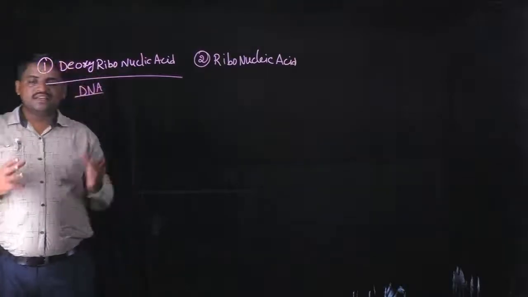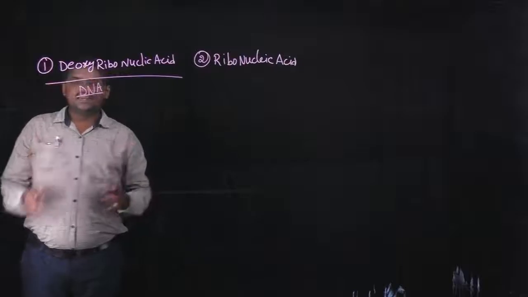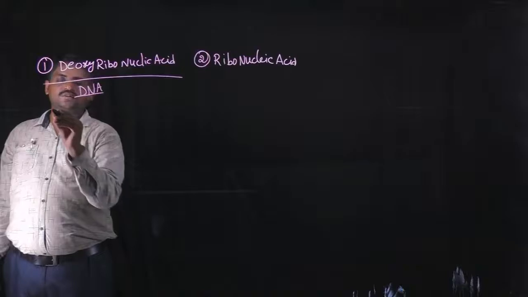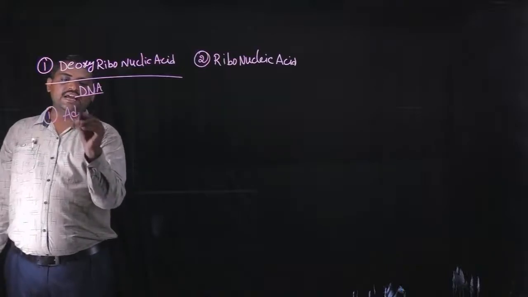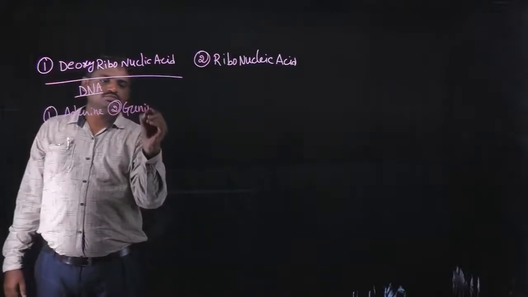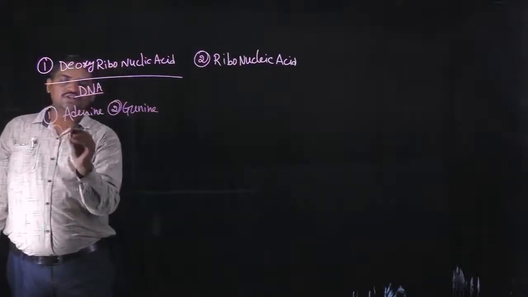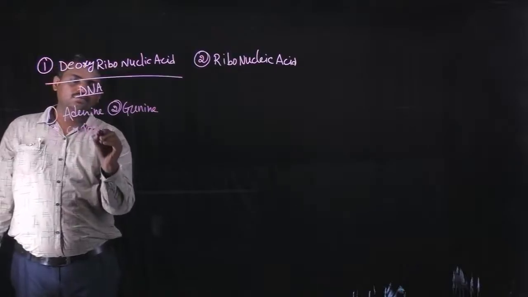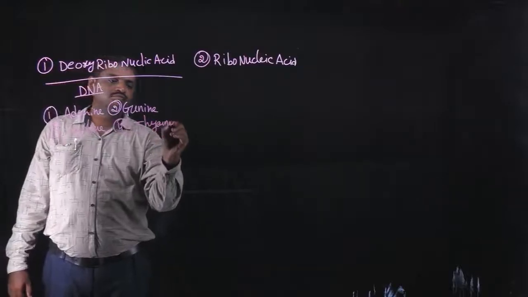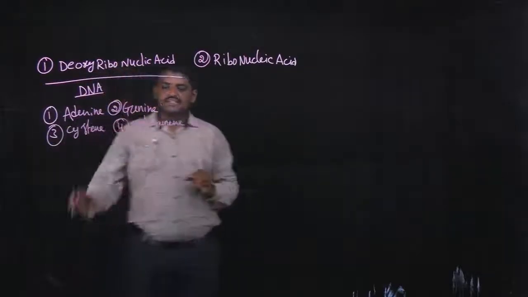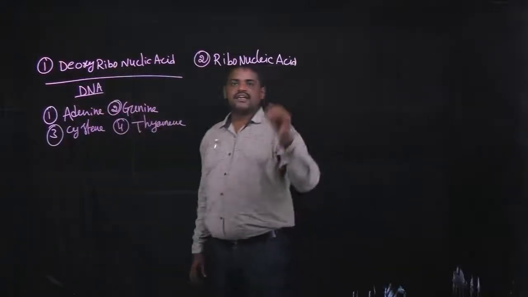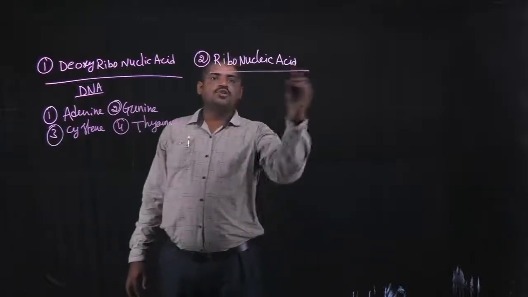The main ingredients of DNA: this nucleic acid contains four types of bases. First one, adenine, second one, guanine, third one, cytosine, and the fourth one, thymine. These four bases are the main ingredients of DNA.